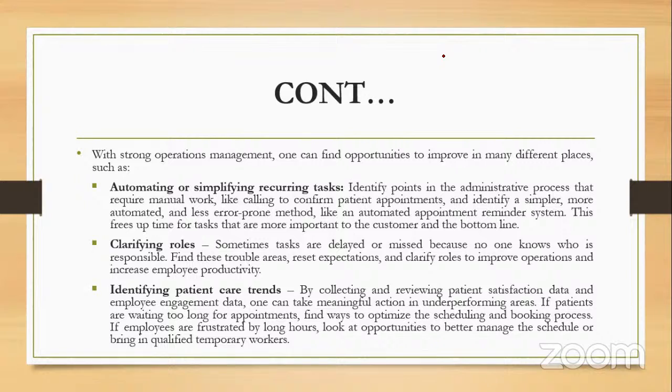Continuing with strong operation management, one can find opportunity to improve in many different places, such as automating and simplifying recurring tasks. Identify points in the administrative process that require manual work, like calling to confirm patient appointments, and identify a simpler, more automatic and less error-prone method like an automated appointment reminder system.